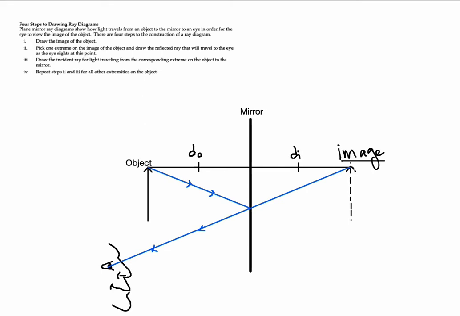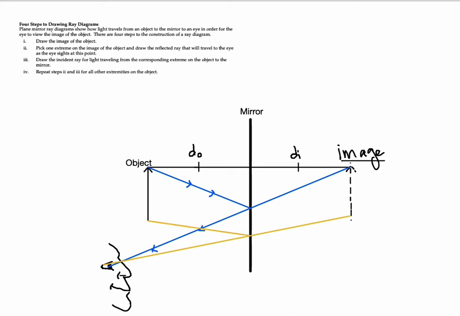Okay, so we're going to go from the bottom of the image to the eye, similarly like we did before, straight line. And then we're going to go from the bottom of the object and meet that line where it intersects with the mirror.